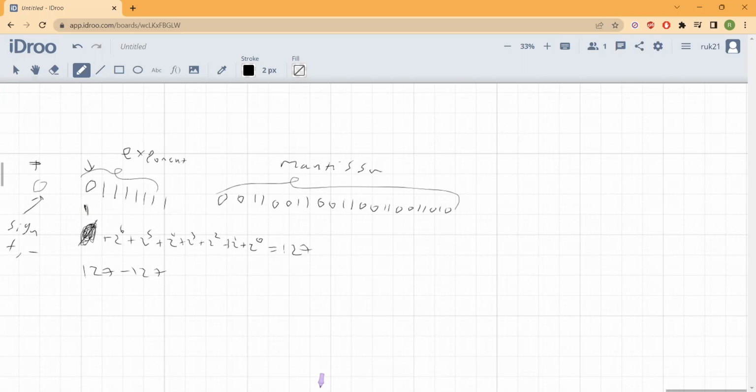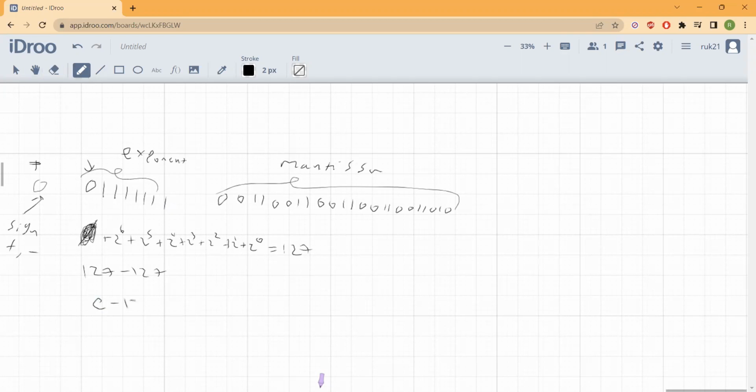And that would mean you're going to get a positive exponent. If this number is 0, for instance, and you don't have just 1, 1, 1, 1, 1, for instance, if we had 1, 0, we would get something smaller than 127, so we would get a negative exponent.